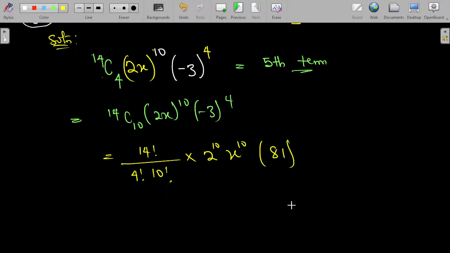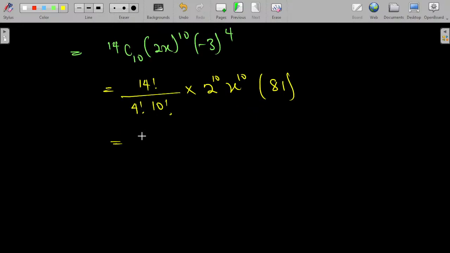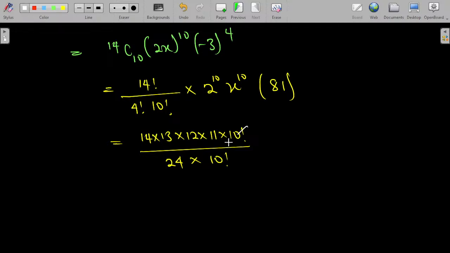So I can expand this. I'm going to get 14 times 13 times 12 times 11 times 10 factorial, all over 4 factorial, which is 24, and that is times 10 factorial. I don't need to expand that one because this will cancel this. So let's move on.